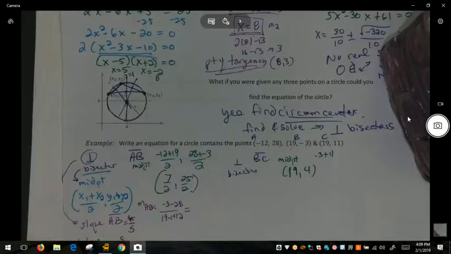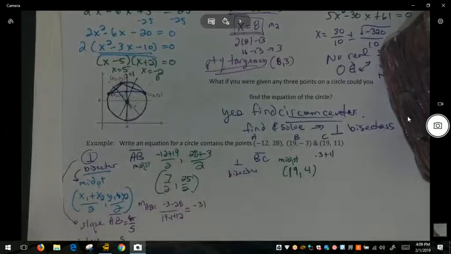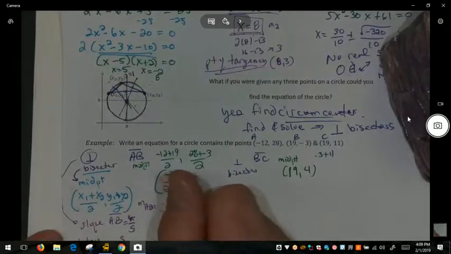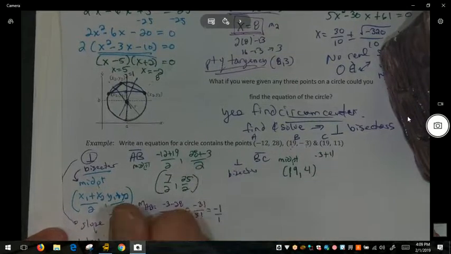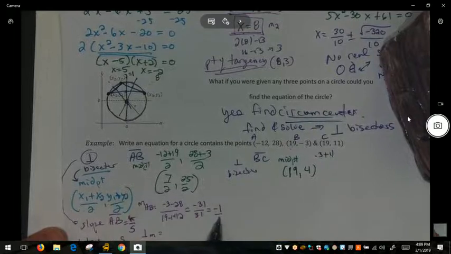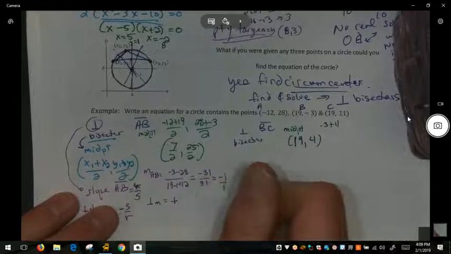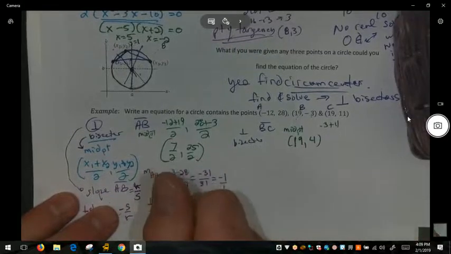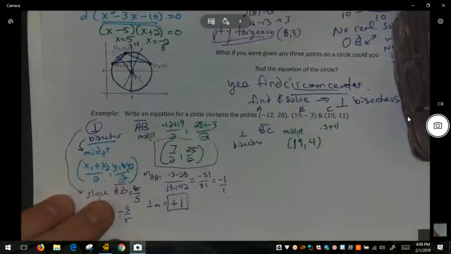This is going to give me -31 over, this becomes 19 plus 12, over 31. Well, at least our slope is nice. It's -1 over 1. If that's the slope of AB, then the perpendicular slope is the opposite reciprocal. Well, the opposite of -1 is +1, and the reciprocal of 1 is still 1. So there's our slope. We're going to build our equation with this point and this slope.